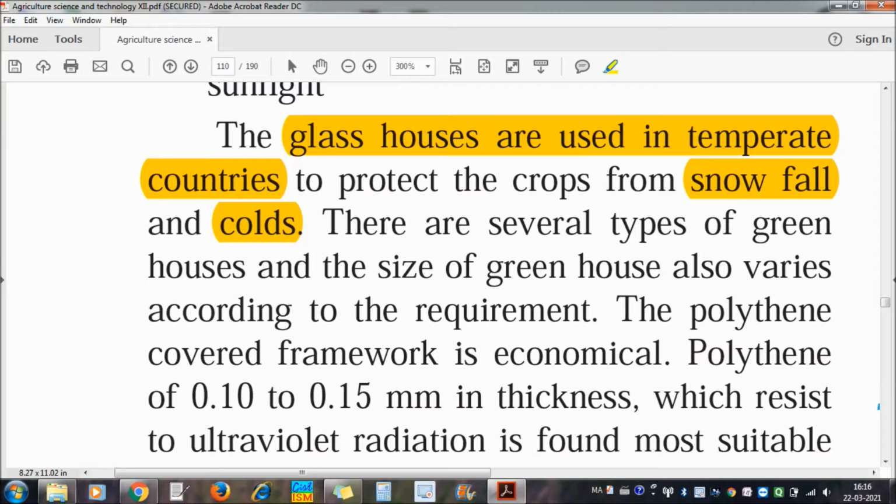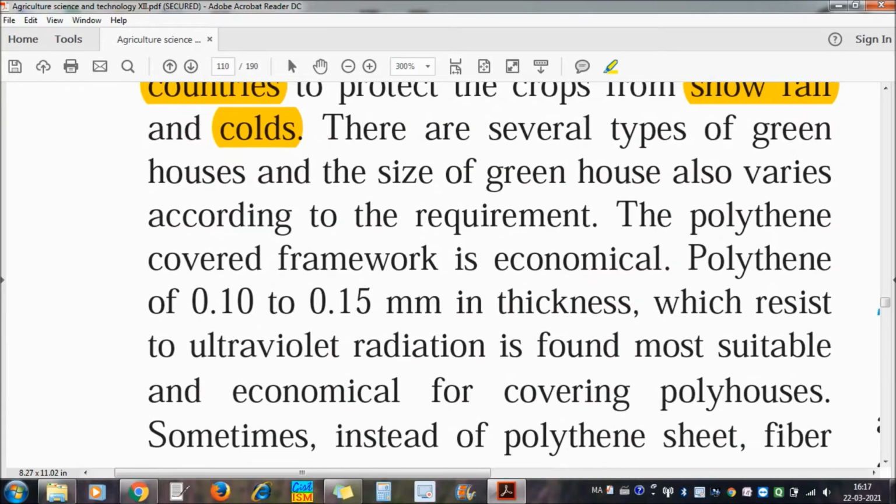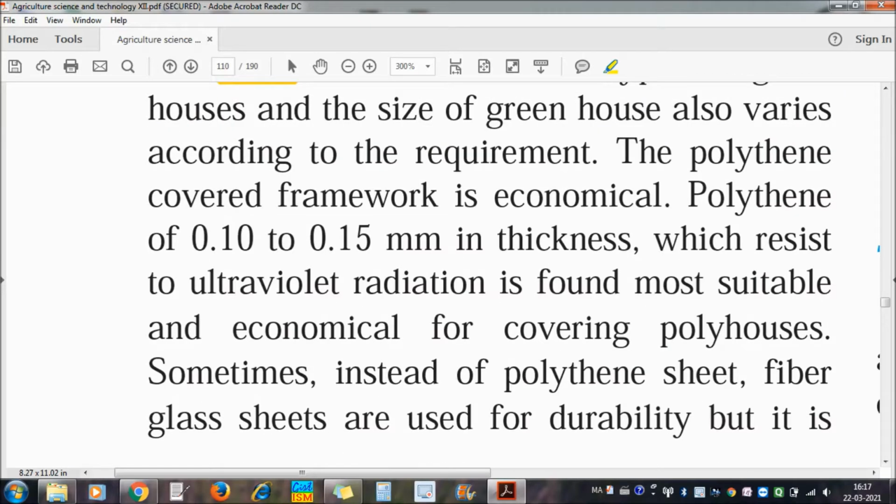So we have to protect from very cold conditions which always prevail over there. So that is called temperate country or temperate climate. So here in this case, glass house can be made, means the temperature can be increased in glass house. According to the requirement, glass house can be used.